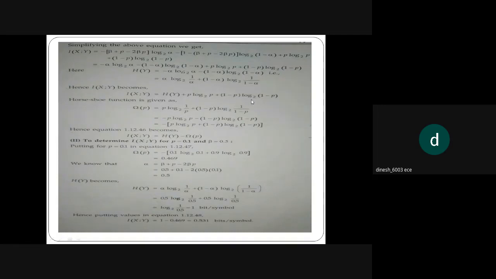This is also the same, minus of (1 minus p) log to the base 2 (1 minus p). So taking the whole minus common, minus of p log to the base 2 p plus (1 minus p) log to the base 2 (1 minus p), which is minus the Shannon function. This is your minus of your Shannon function.